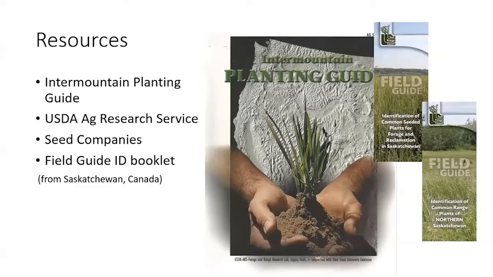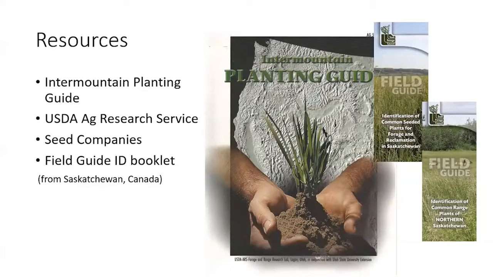That is a really helpful guide. It will give you seeding rates and recommendations for planting, and it's a really good resource. Also, you can talk to your seed companies, and they'll help you out quite a bit with what they have, and they know what seeds will work for a lot of situations.